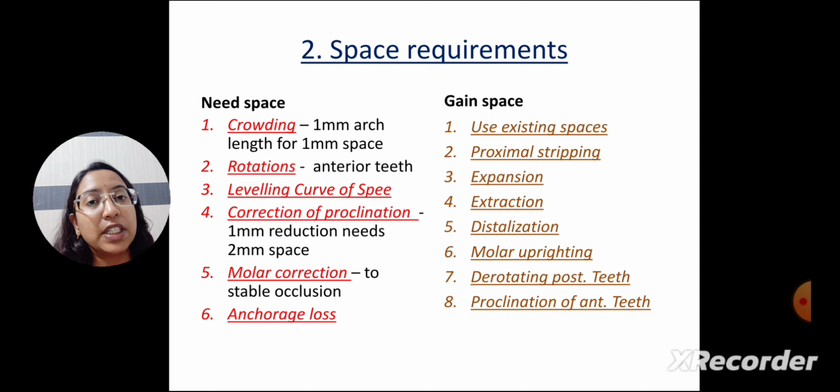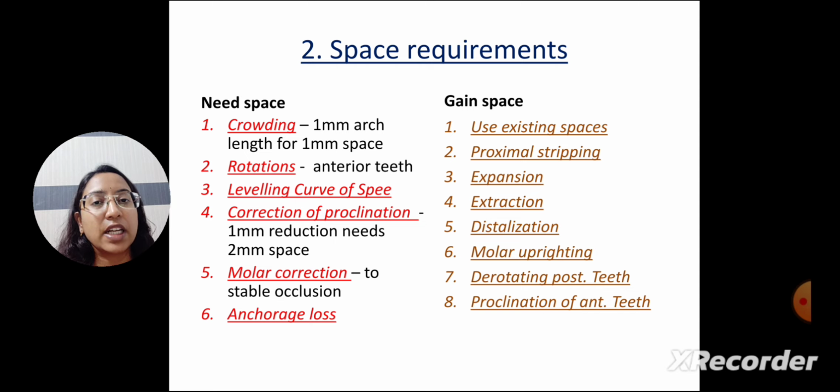How much space we need will depend on how much space is available in the arch and the mesiodistal width of the anterior teeth. Then leveling the curve of Spee: generally a flat Spee is wider than the curved arch.